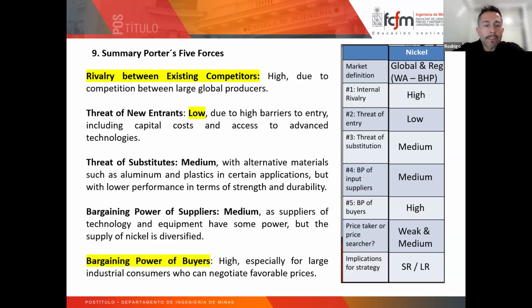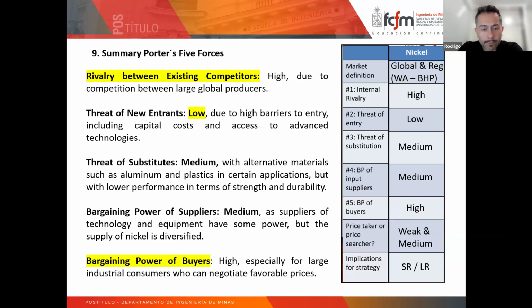The next one is the threat of substitutes, because it's medium, and the bargaining power of suppliers is medium too. And the last one is the threat of new entrants, because we think that is a low force for the nickel market.